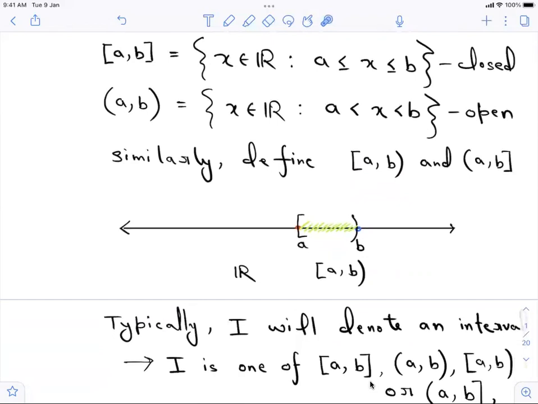Throughout, I'm going to use a red dot to denote a point that is a part of the set or the interval, and a blue circle will always denote a point that is to be omitted from the set. For example, open at b and closed at a will be denoted by this, and it consists of all points in between.